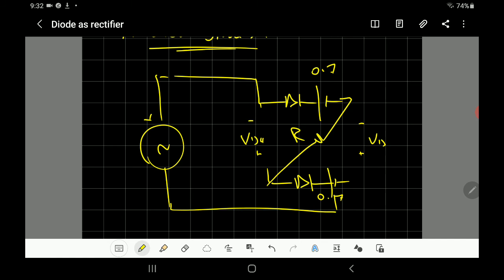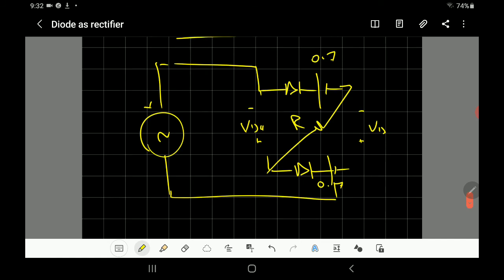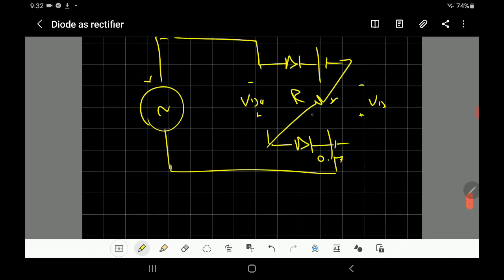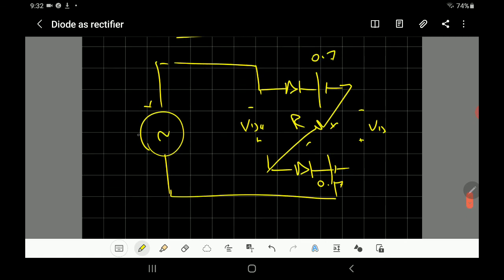First of all, they will not conduct when the voltage is just positive, right? The voltage has to exceed the barrier potential. But look at this tricky thing. The voltage needs to be more than 0.7 and more than 0.7. So the output voltage at the load is equal to the voltage of the supply minus 0.7 for the first diode and minus 0.7 for the second diode.